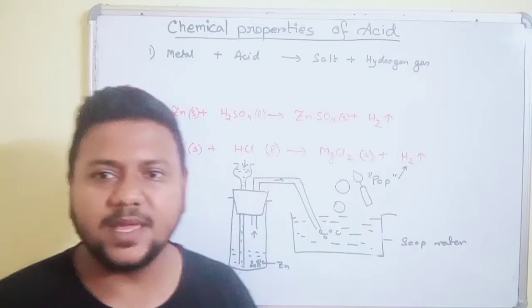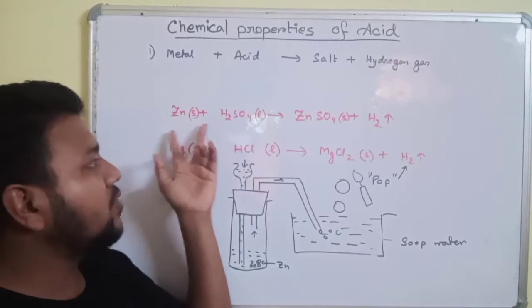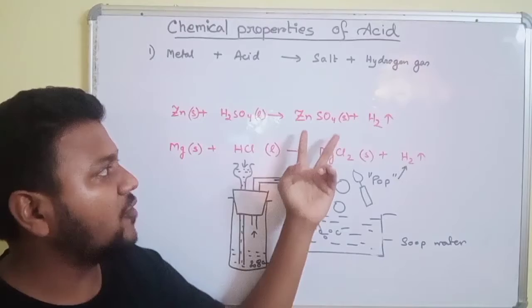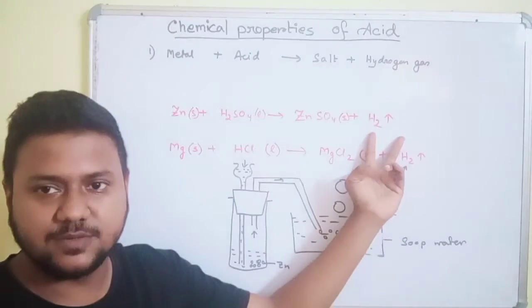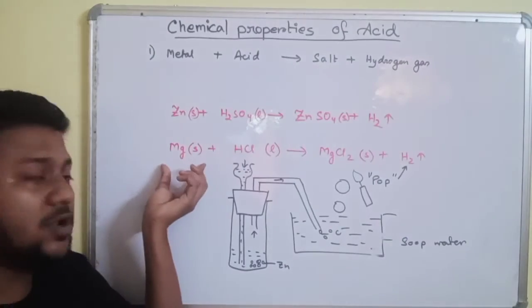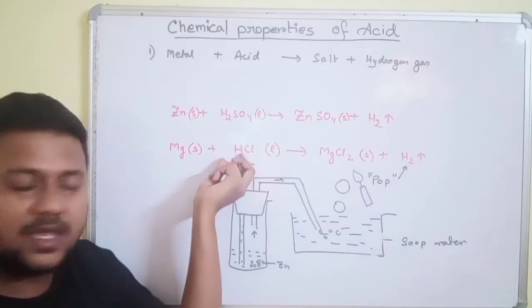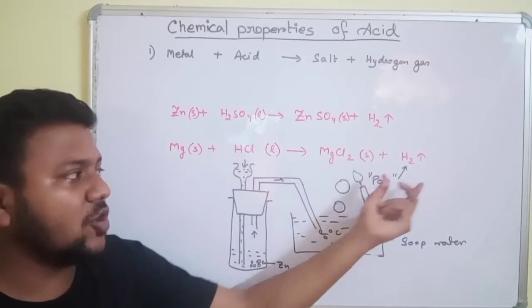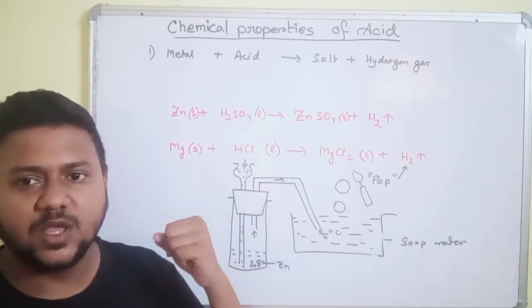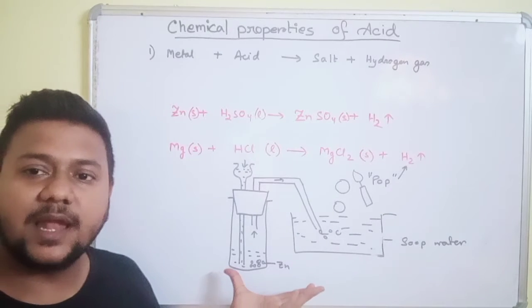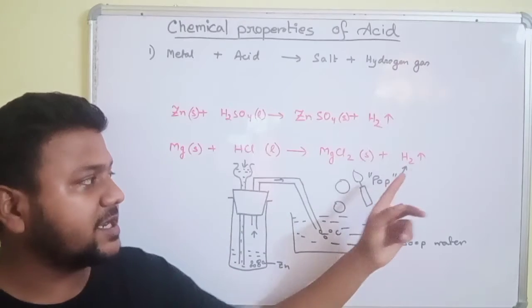So let us come again. Metal, when it reacts with acid, gives the formation of a salt and hydrogen. A more reactive metal displaces hydrogen and leads to the formation of a salt and hydrogen. Now let us see the experimental setup, how we identify that the gas that is liberated is hydrogen.